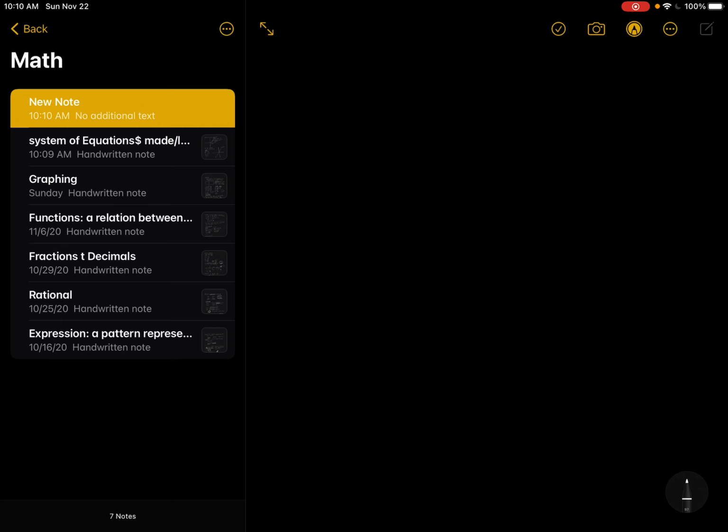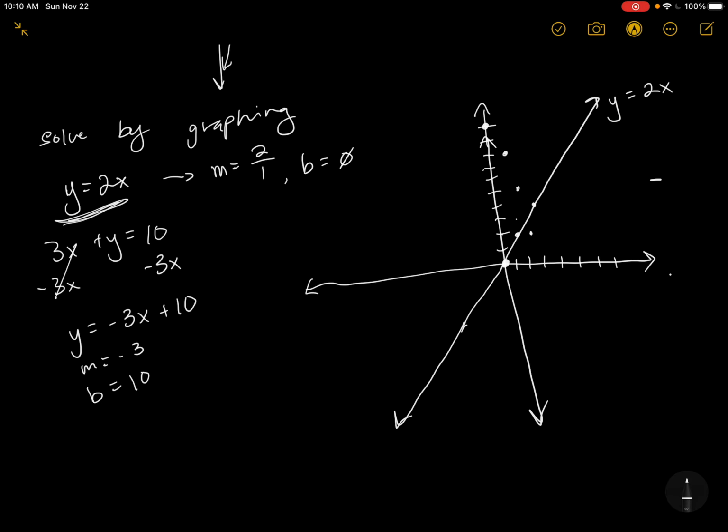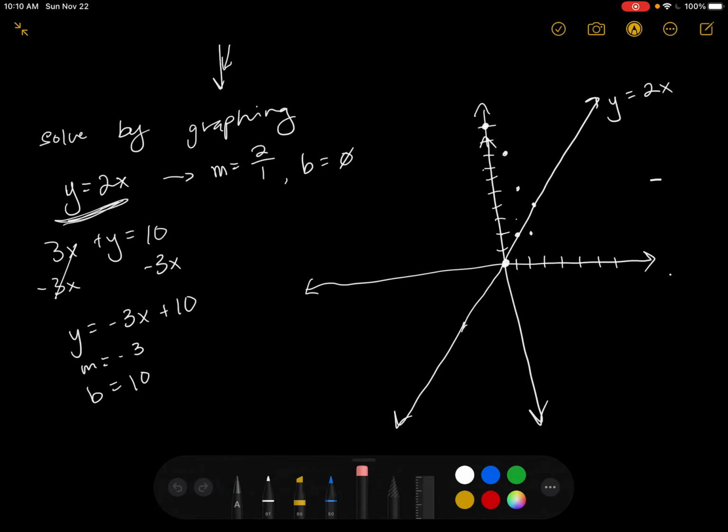Oops, shoot. Because when you don't have a nice grid, this is annoying. Smaller eraser, please. Am I not?